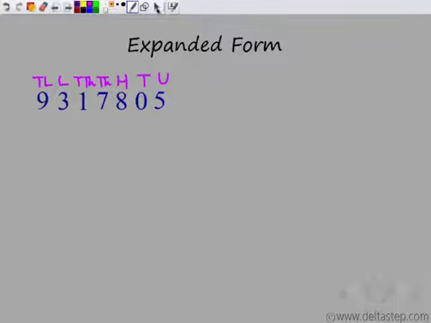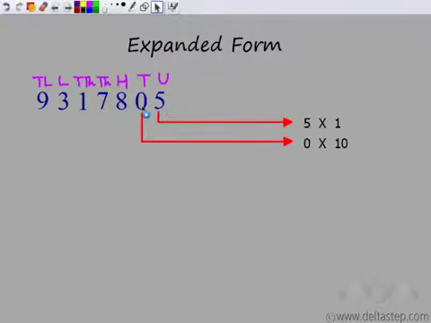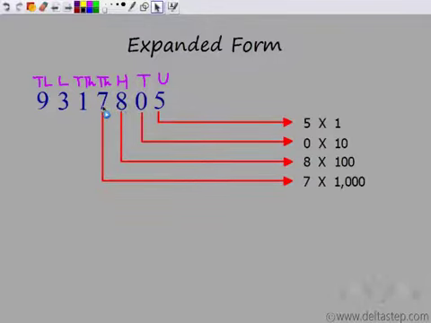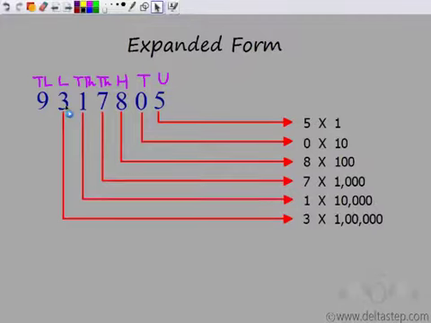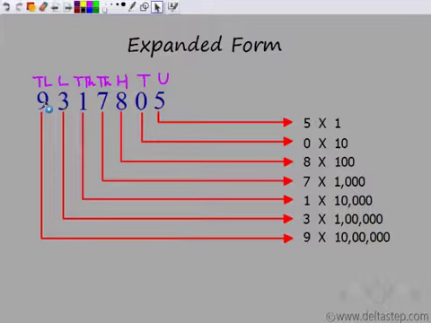So if I want to write it in expanded form, 5 will be multiplied by 1, 0 is being multiplied by 10, 8 is being multiplied by 100, 7 is being multiplied by 1000, 1 is being multiplied by 10,000, 3 is being multiplied by a lakh, and 9 is being multiplied by 10 lakhs.